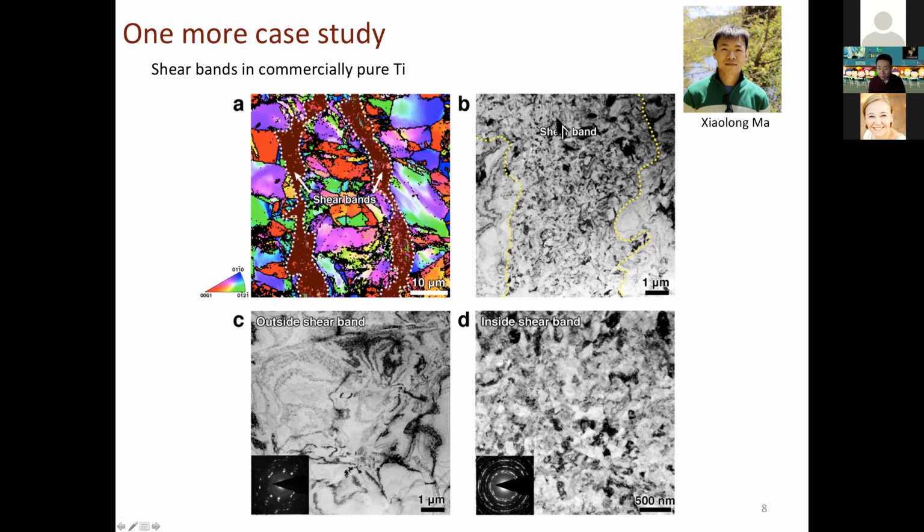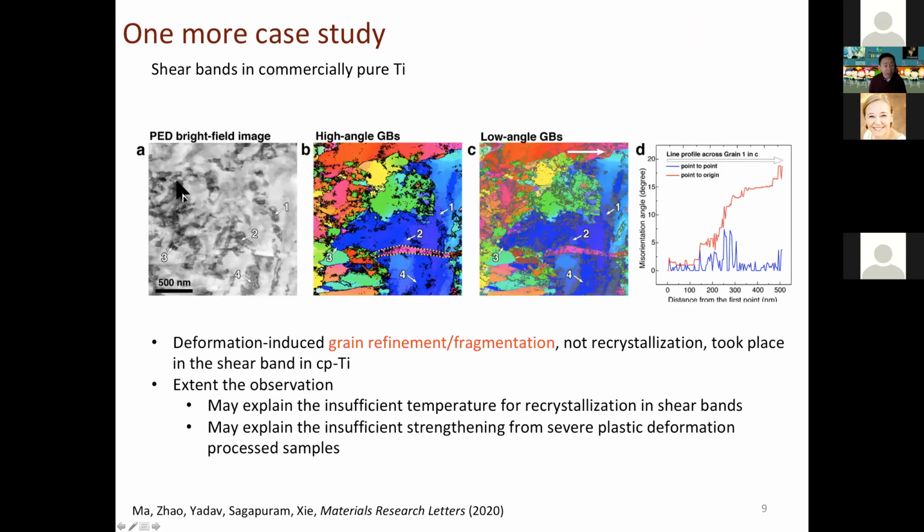But inside the shear band, it's very complicated. You can see individual nanoscale grains in the micrograph. When doing the diffraction pattern, you can see diffraction rings that tell us it's nanocrystalline in nature. So this is something we can tell from conventional TEM, but is that the case? In a similar area, we used ASTAR to look at the microstructure.